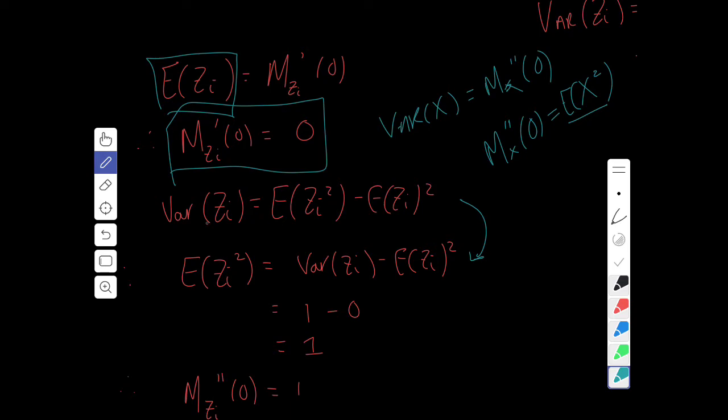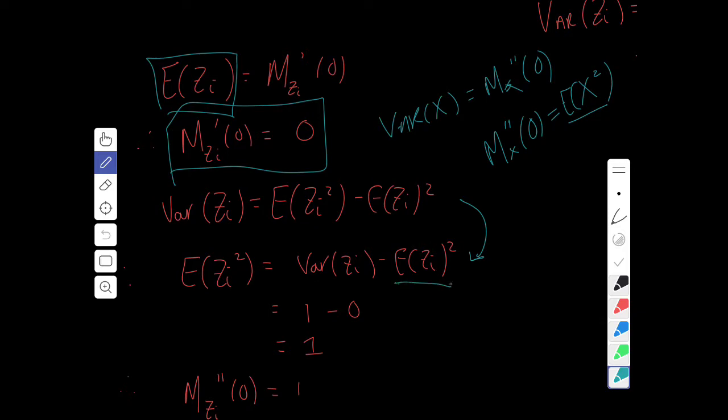And the way we do it is we say, well, the variance of a particular random variable is the expectation of that random variable squared minus the expectation of that random variable, squared. So we would take this E of zi squared over to the other side, and we'd be left with the second non-central moment of zi, and that's equal to the variance plus the expectation of zi, squared.